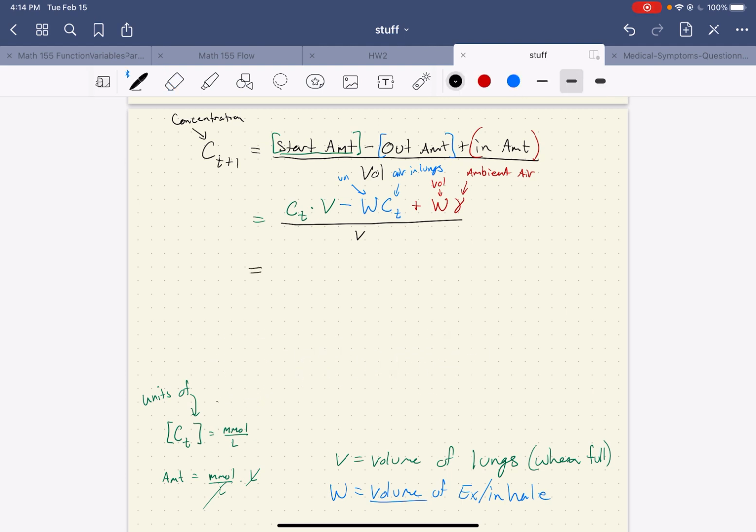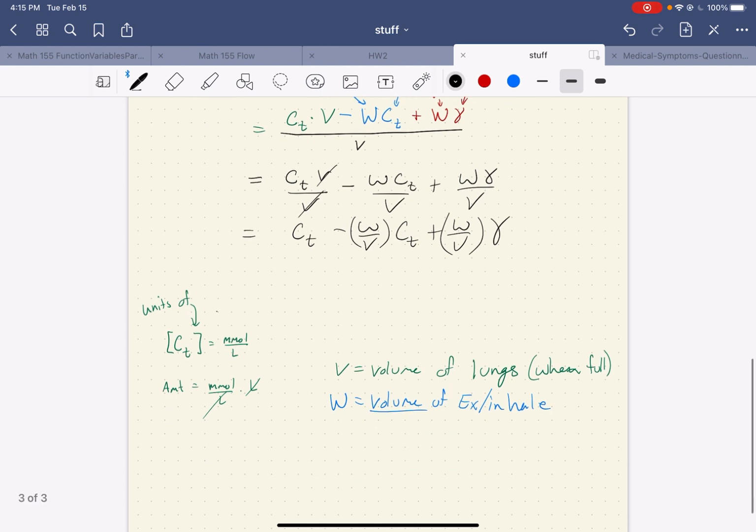All right, so I'm going to use that, and I have C sub t of V over V minus W C sub t over V plus W gamma over V. And hey, the V's go away. I have C sub t minus, and now we're going to group it with W over V, C sub t, plus W over V gamma.